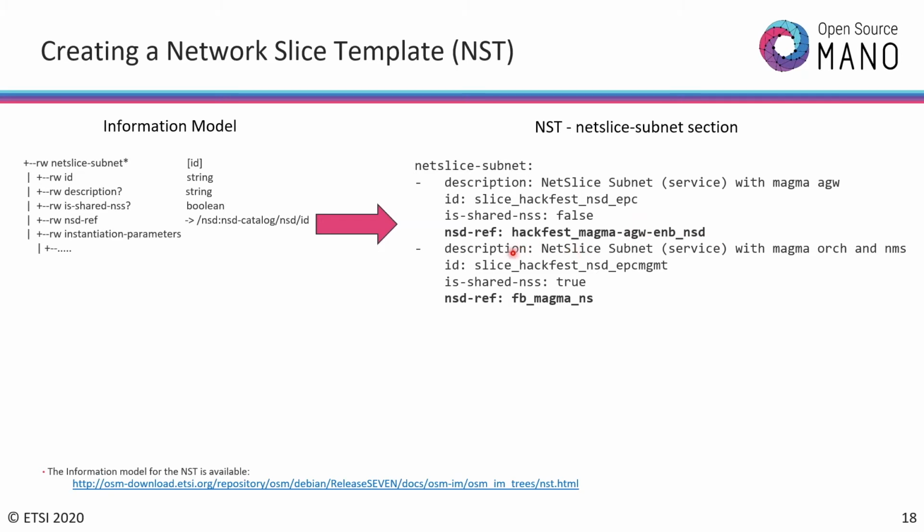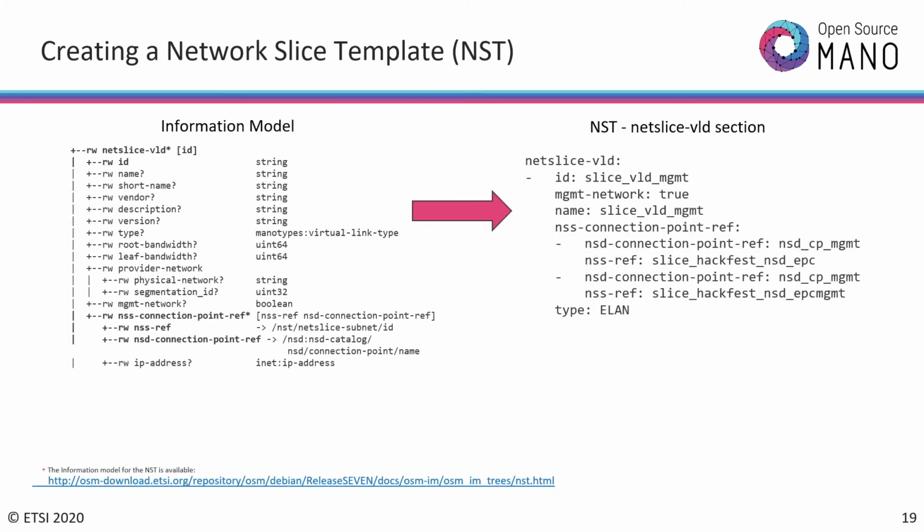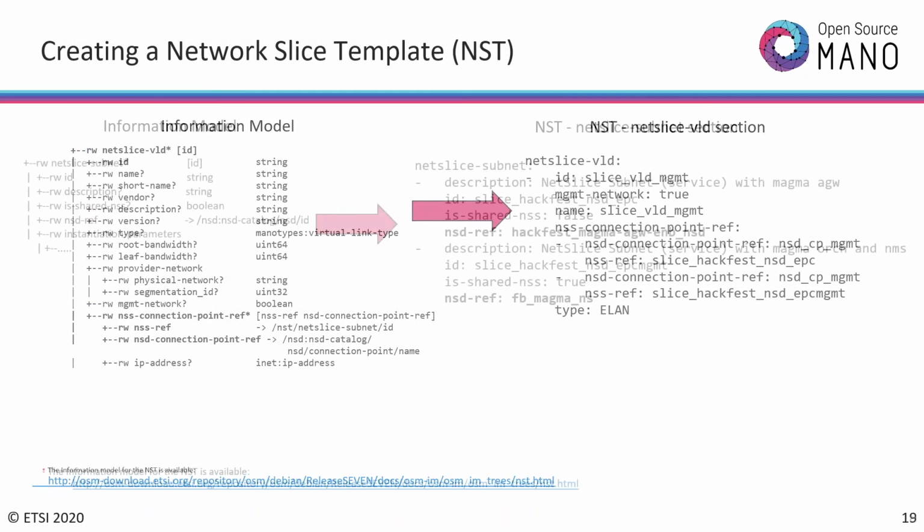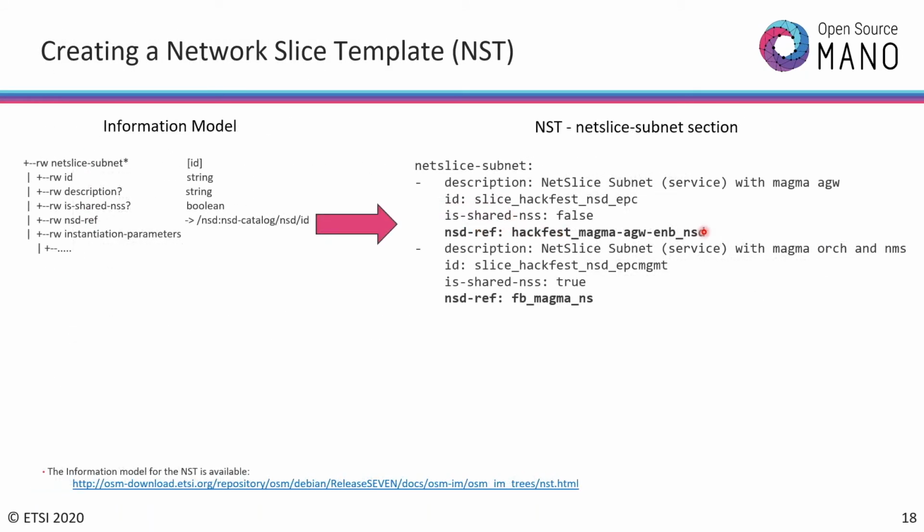We need to put here the network service descriptor ref, that is the ID of the descriptor. This is the ID of the descriptor that you can find in the network service descriptor.